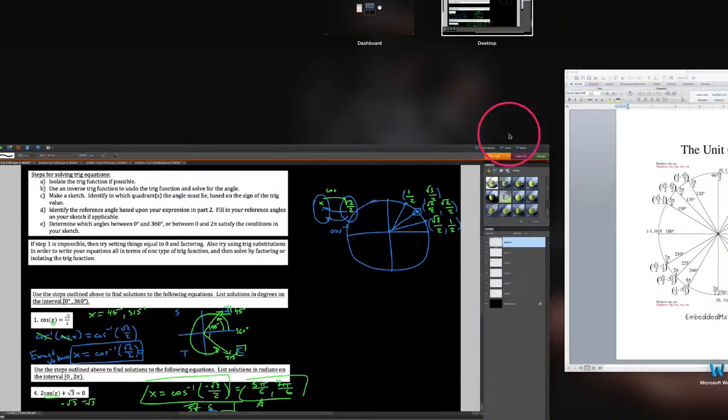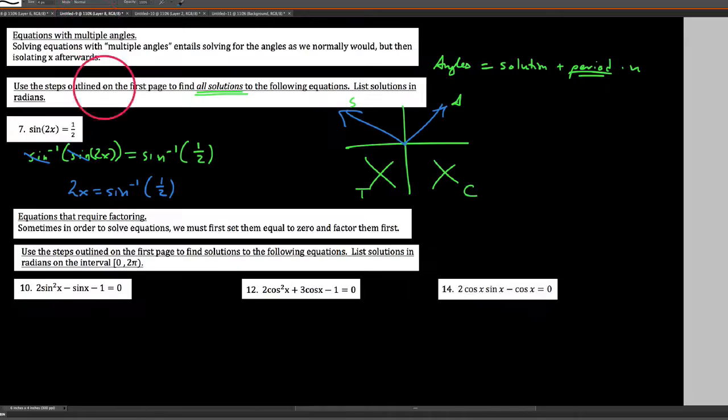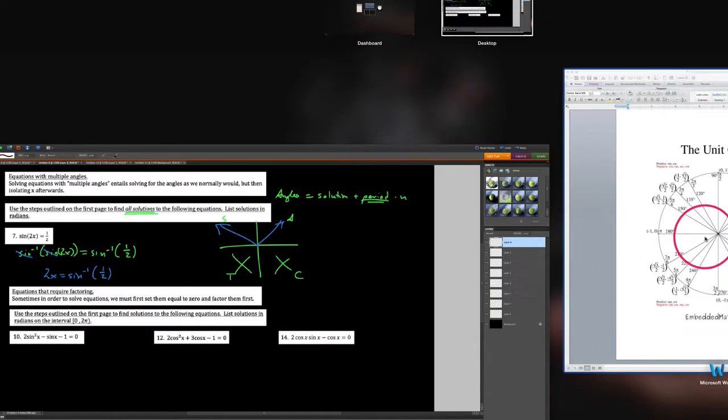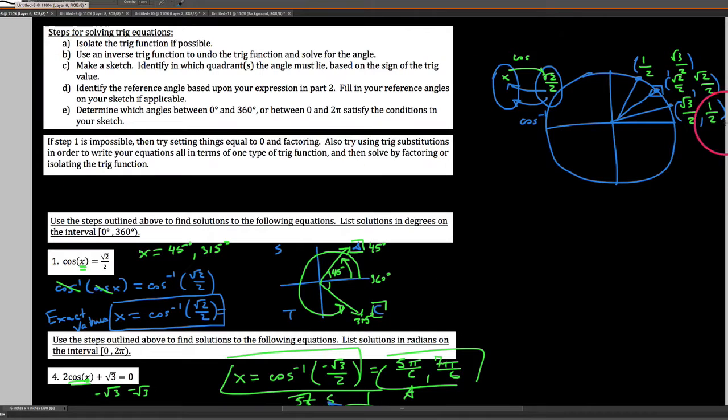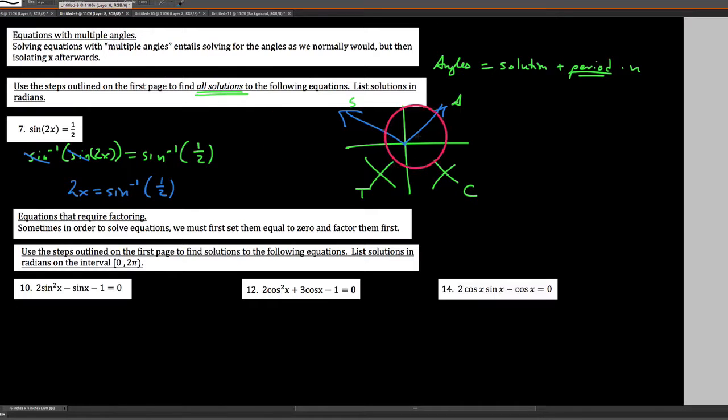And in this case, are we doing degrees or radians? Let's go take a look here. Looks like we are doing this in radians. And so a 30-degree angle we would also call a pi/6 radian measurement. So it has to have a pi/6 radian reference angle, and it has to be in the first and the second quadrant here. So we're going to say that this is pi/6 and that those two angles are the same.